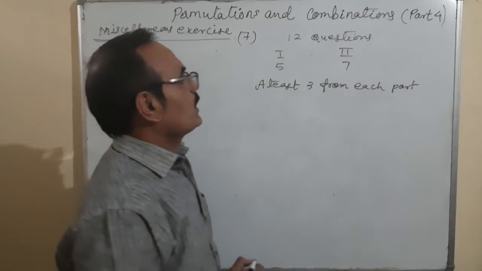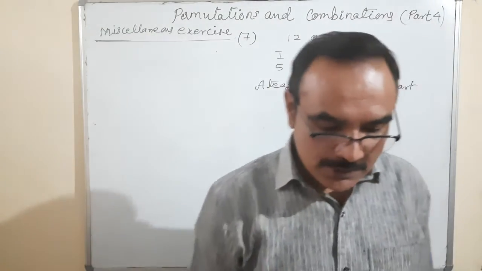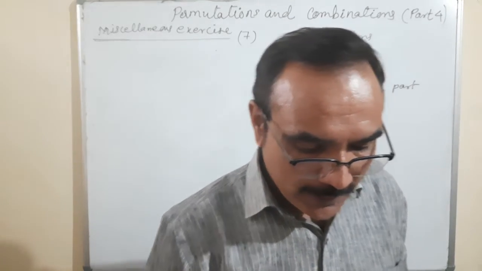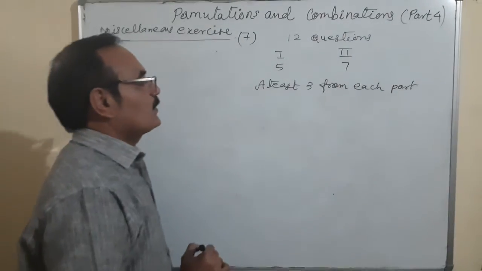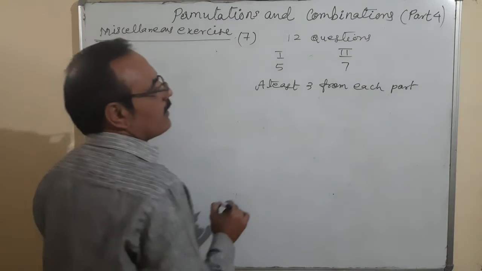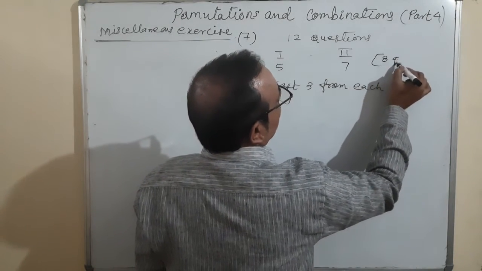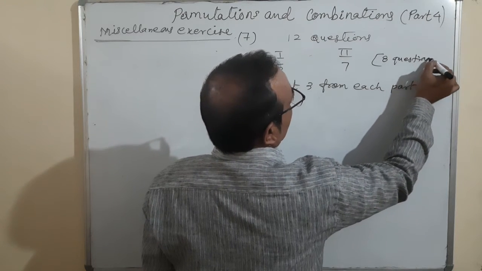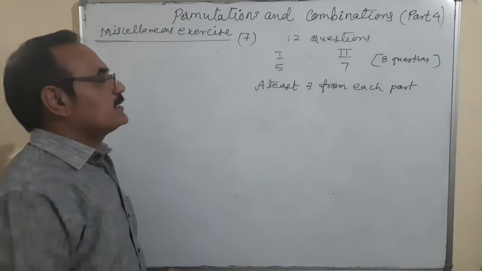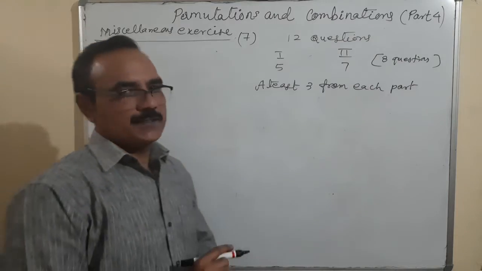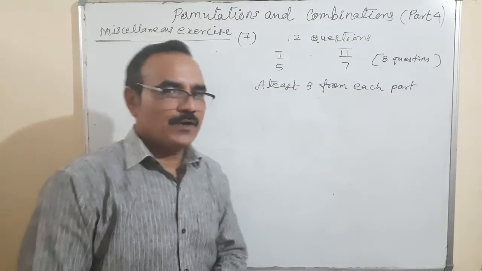There are a total of 12 questions, and a student is required to attempt 8 questions. And the condition is at least 3 from each part. This is a very important condition.